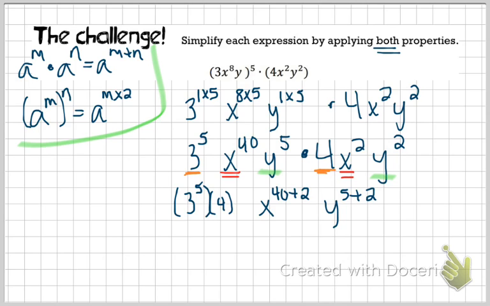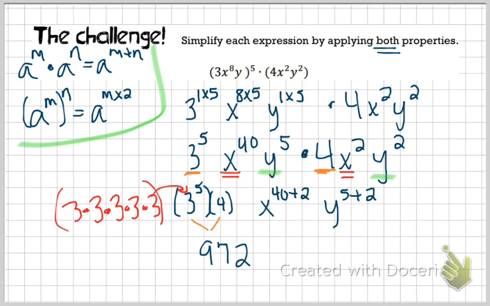Okay, so then be careful with how we figure out what this product is going to be. And we get 972, because again, in case you've forgotten, this is saying 3 times 3 times 3 times 3 times 3, 5 times.